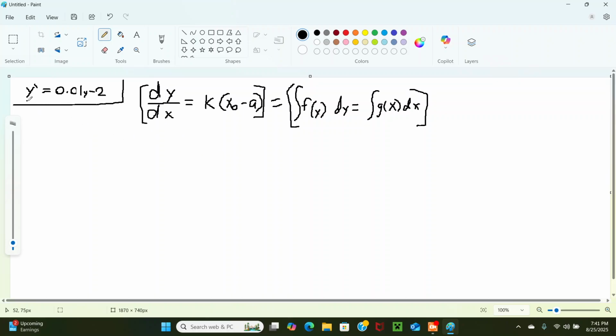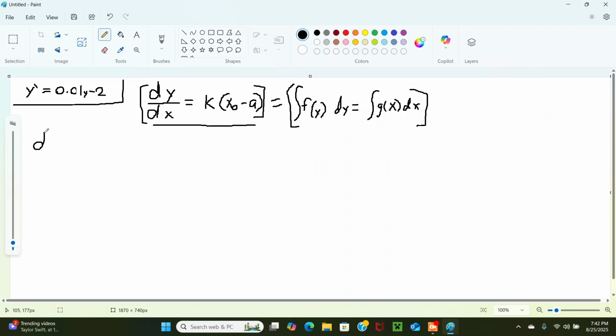I'm going to use this equation here as my example for this video. The first thing you want to do is get it into this form here. So we're going to rewrite this. You need to understand that y prime is the same thing as the derivative dy over dx.